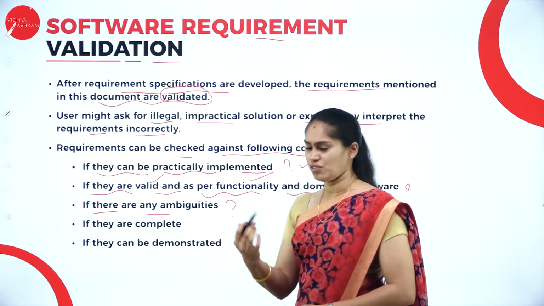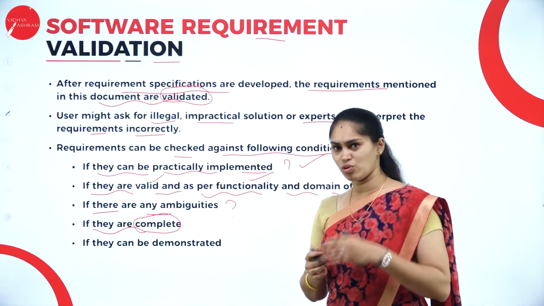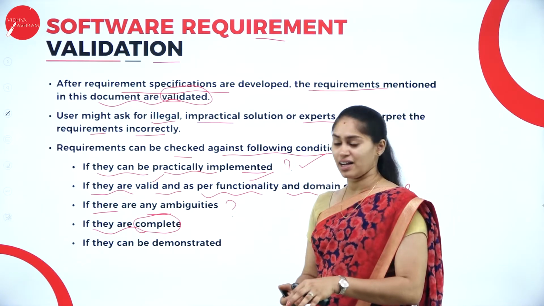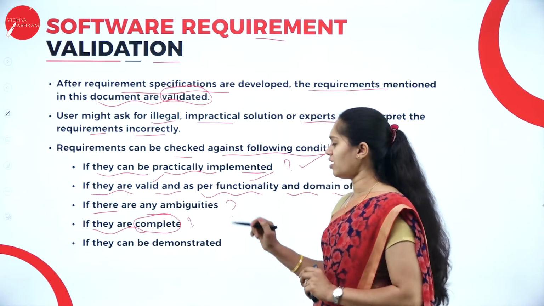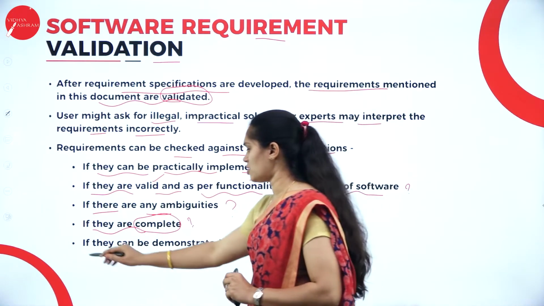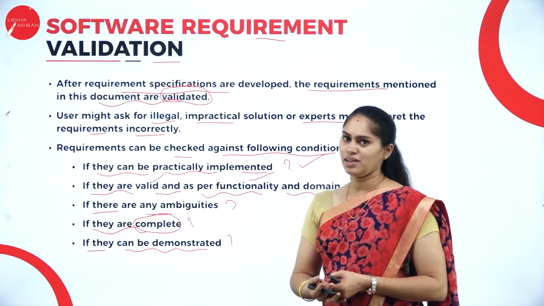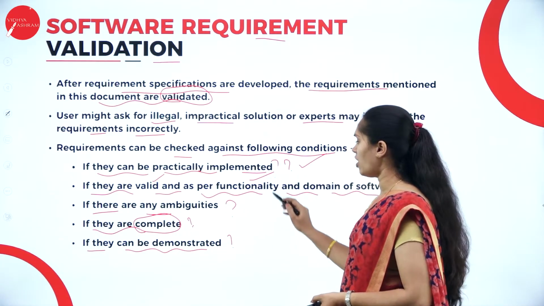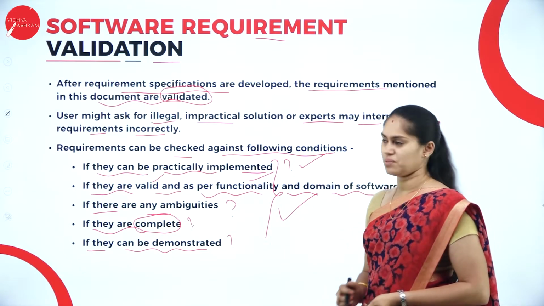They will check for confusions, and whether it is complete. If they wanted to include some more features tomorrow or the day after, can we validate right now? That is what they are checking, whether it is complete or not. If not, they have to make it complete, and also whether it can be demonstrated, whether it is possible to implement or develop. By validating all these questions, if all the answers are yes, then only will they go for the further procedure.